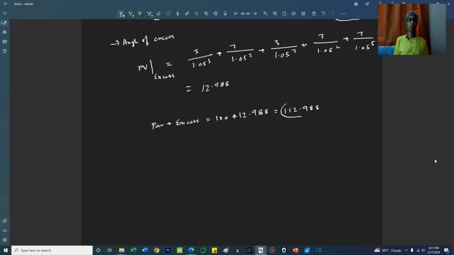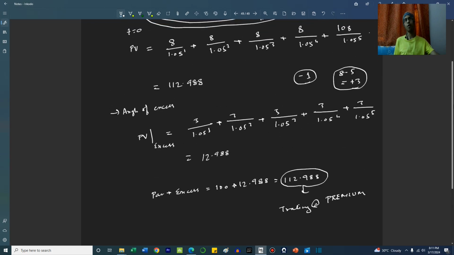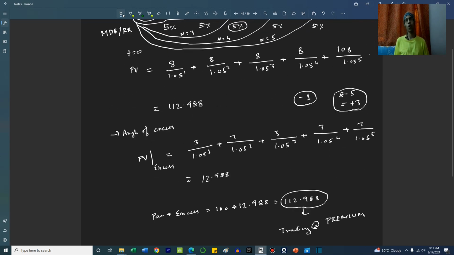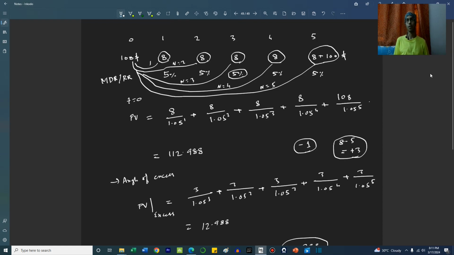So this bond is trading at a premium, and we have deduced its value from two angles: the present value calculation of the bond and the present value of the excess. 112.988 is the value that we got from this calculation, and here also we got the same value.